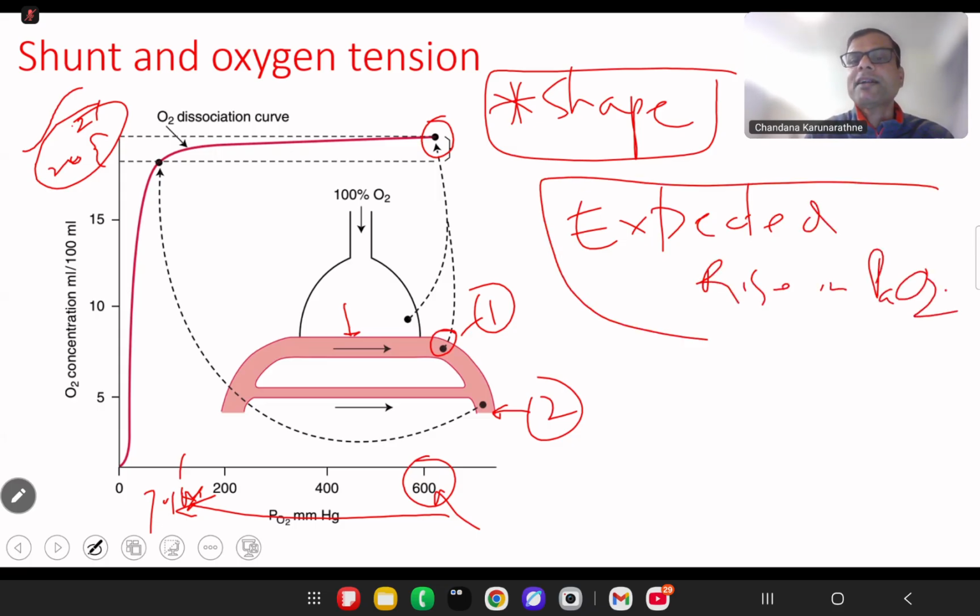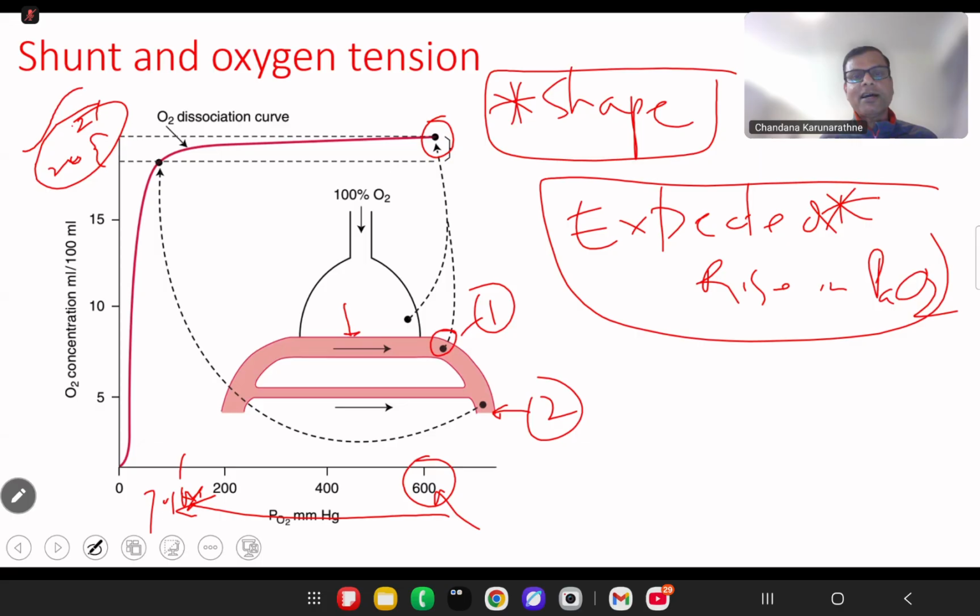We do not expect 100. We expect something close to 500, 600. So the expected rise of PO2 is low. We cannot achieve the expected rise in PO2. That is the hallmark.